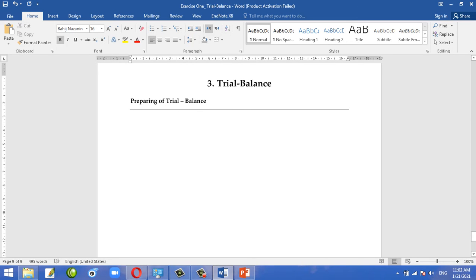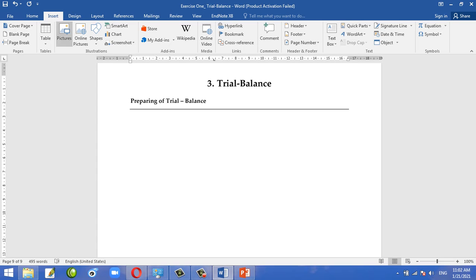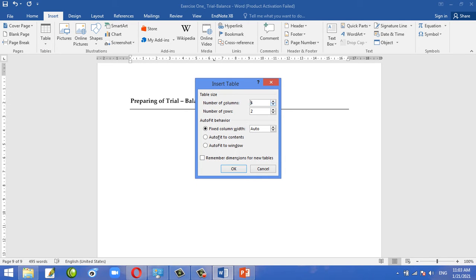Now we have to insert a table with 4 columns and 16 to 18 rows.